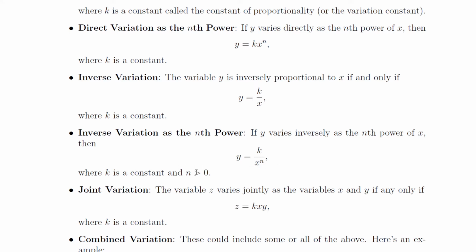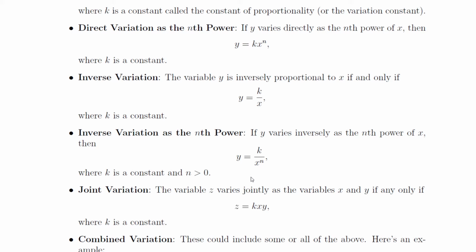And they say here that n has to be greater than or equal to 0. Here's a question. Do you know why this is part of that definition? I'll give you a second to think about it. Okay. Here's why n has to be greater than 0.